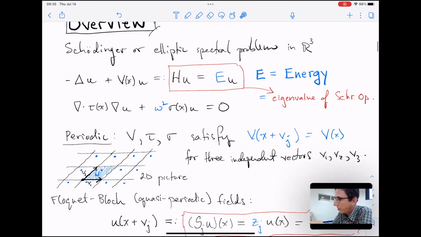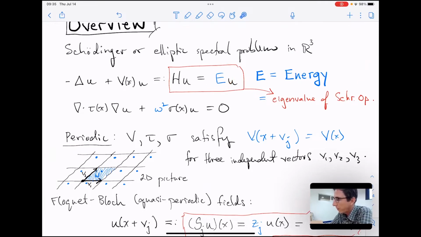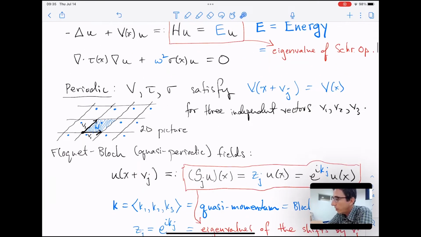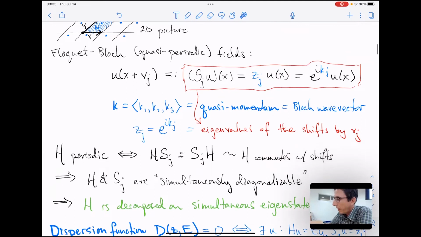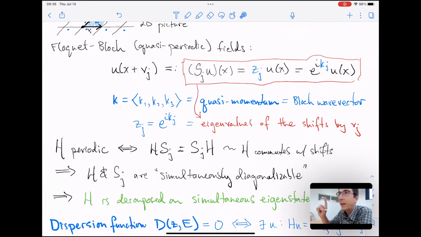These are eigenvalues of the Schrödinger operator. And as I said, the goal for today is to show you how we first decompose functions with respect to the shift group. In other words, look at eigenfunctions of the shift group of operators. These u's are called pseudo-periodic or quasi-periodic functions.